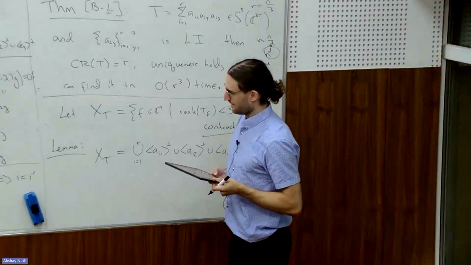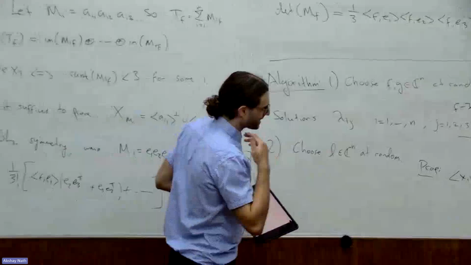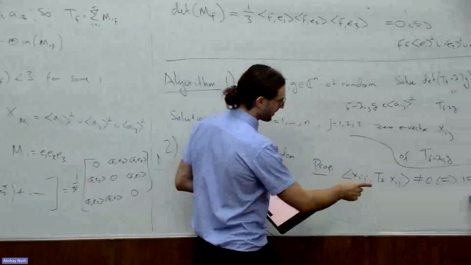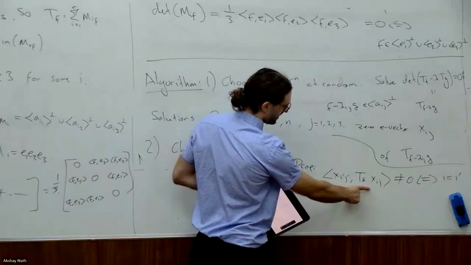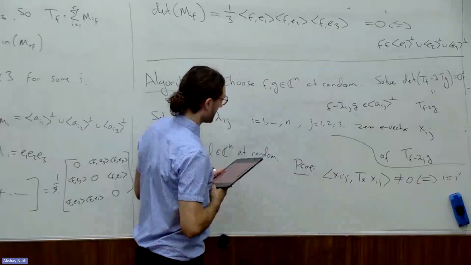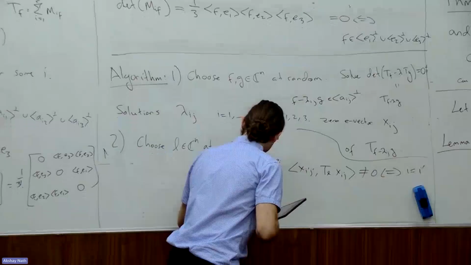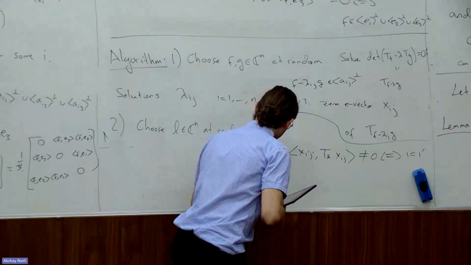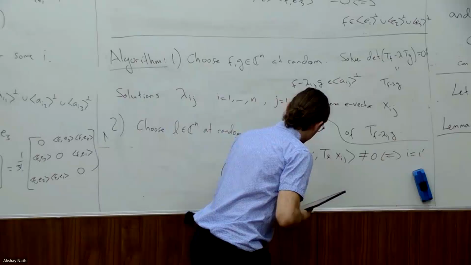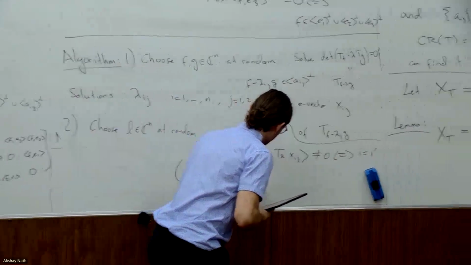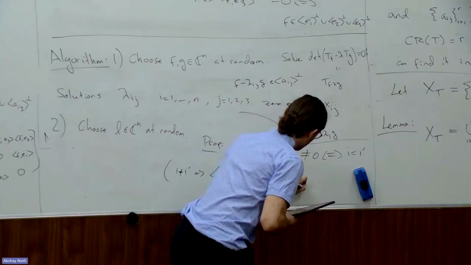So it's easy to see that if i is not equal to i prime, then this inner product will be 0.